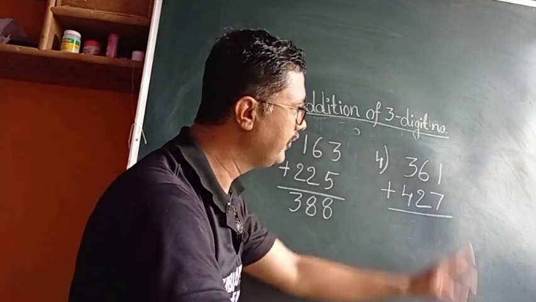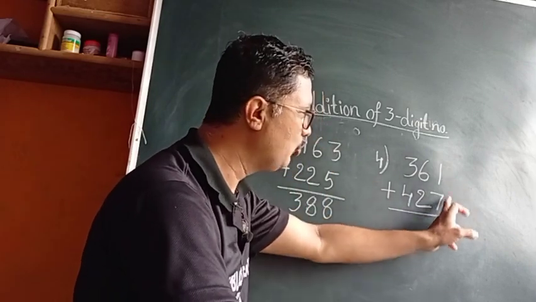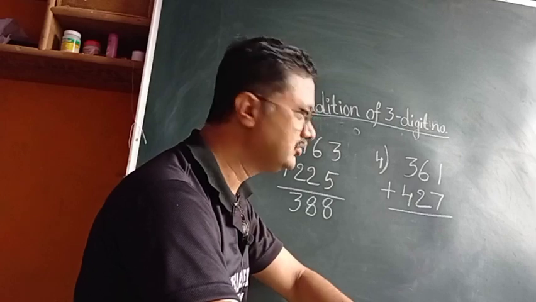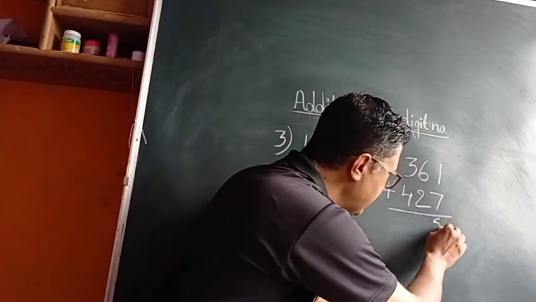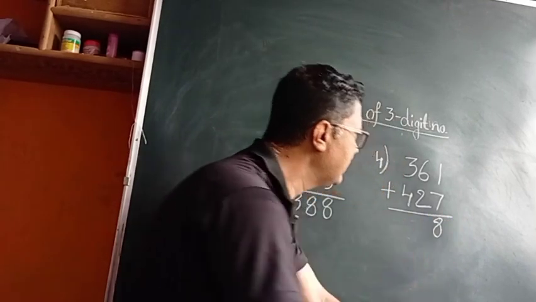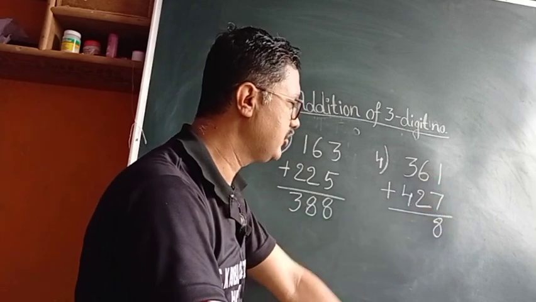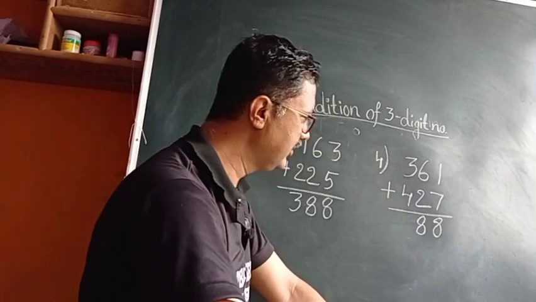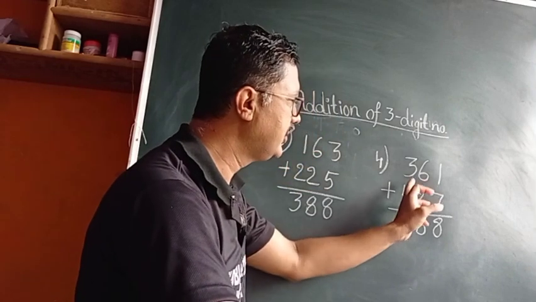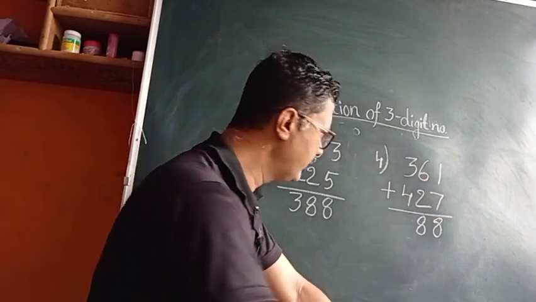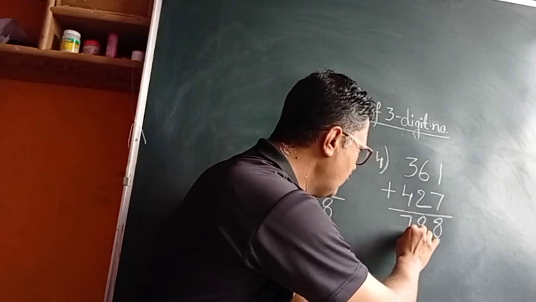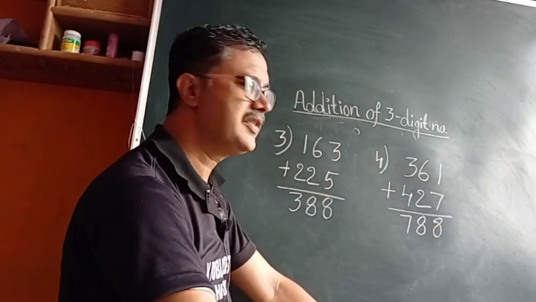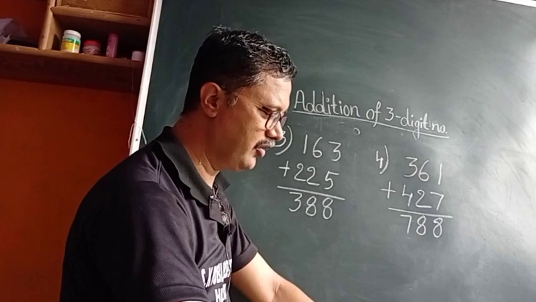Very good. Now same as it is here. 1 plus 7 is equal to 8. 6 plus 2 is equal to 8. 3 plus 4 is equal to 7. Yes, very good, fantastic.